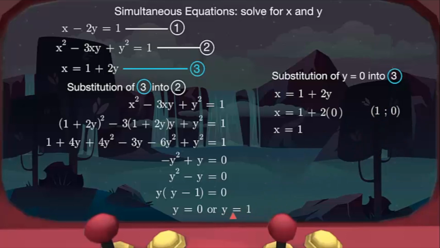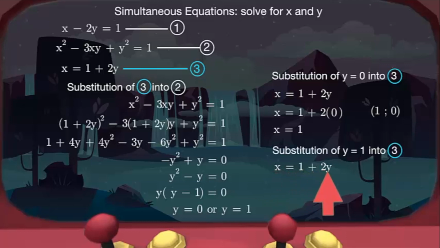Then we also take this y equals 1 and we do the same. We're going to do substitution of y equals 1 into equation 3. I write down x equals 1 plus 2y. Then I'm going to say x equals 1 plus 2, and I'm going to put brackets instead of the y. This 1 goes into the brackets and we get x equals 3. And the coordinates will be 3 and 1.